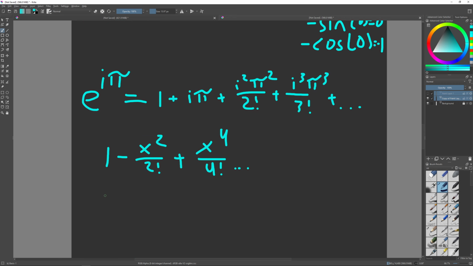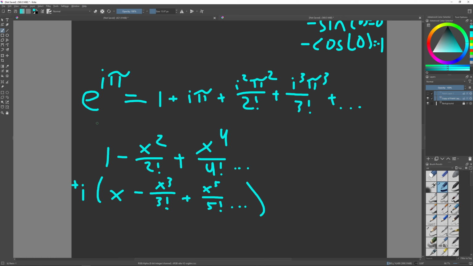Then for sine, we're going to do I times sine. So I times x minus x cubed over 3 factorial, and we're going to add these together.